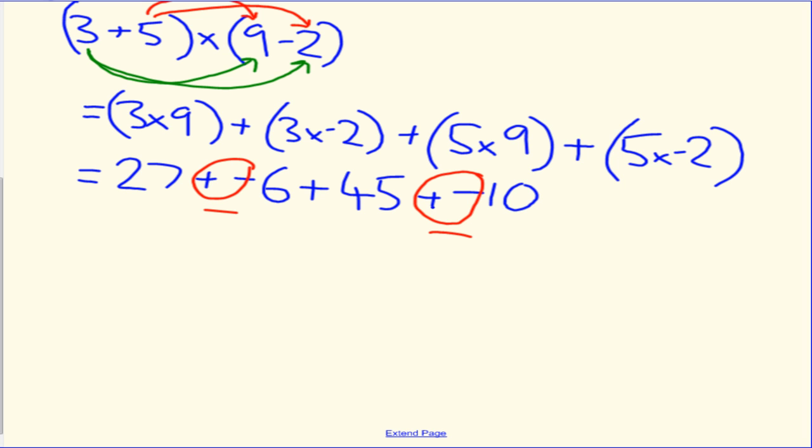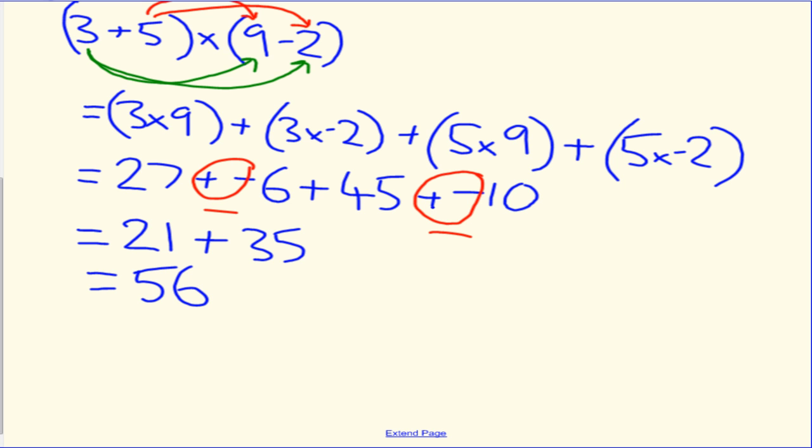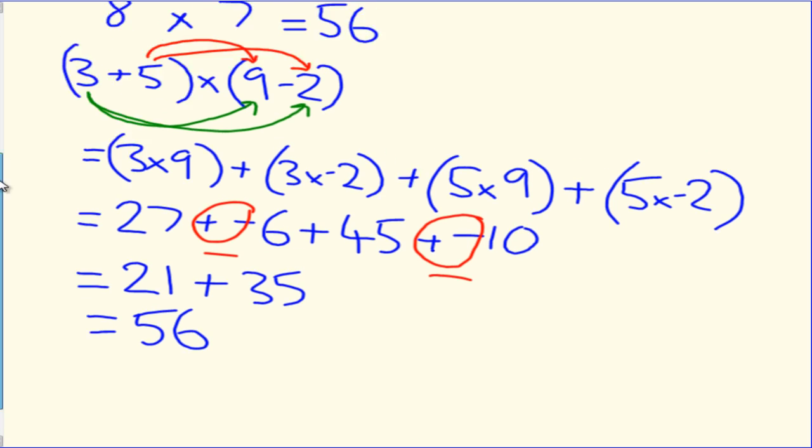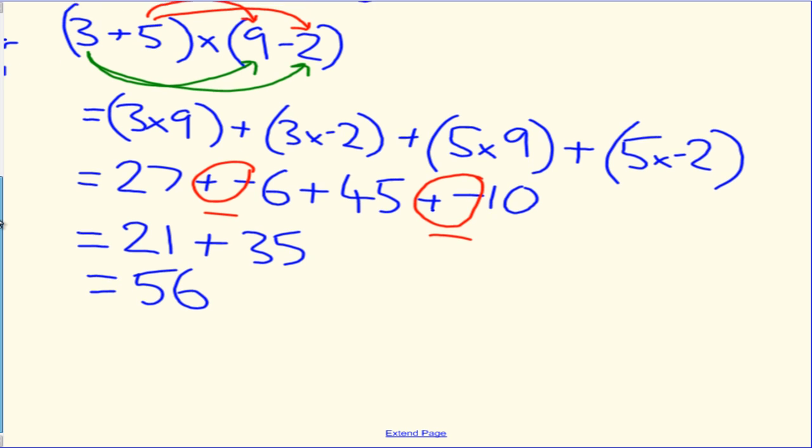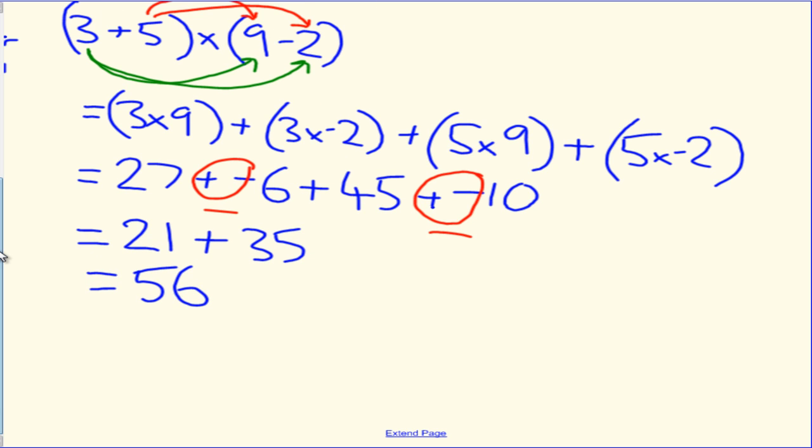So 27 minus 6 gives you 21, plus 45 minus 10 gives you 35. 21 and 35 give you 56. That's the same answer as we got above by just multiplying the two numbers together. So we know this method works, and we know that's how we do it.